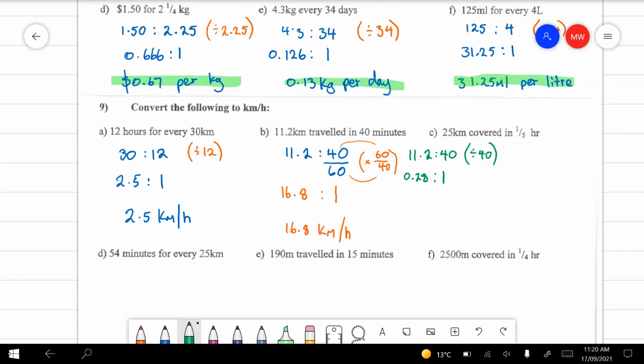Now, we want to do it in hours, so we could multiply both sides by 60, and that brings this up to 60 minutes or an hour. And then this side would become 16.8. And so we've arrived back at the same answer of 16.8 kilometers per hour.